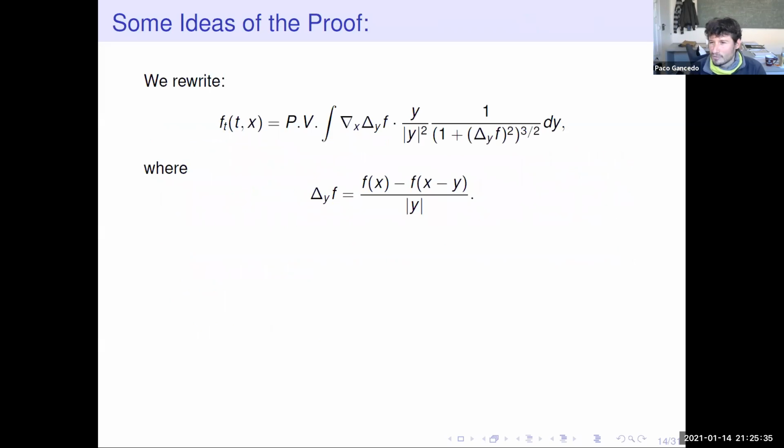But let me show you some ideas. We rewrite the contour equation like this, using this incremental fraction. What we measure in this incremental fraction is the derivative. And please believe this is 3D Muskat.